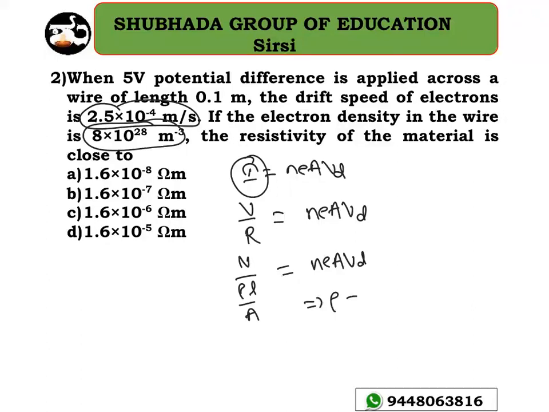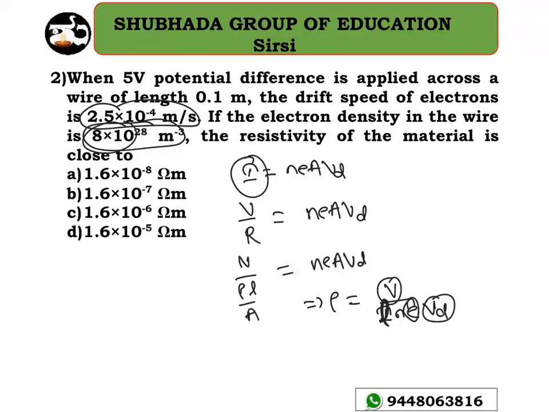It implies rho is equal to V divided by, how much is it, V divided by L n E vd, correct? So now V is known, and it is not current I, it is a length L. Length is given, the number density of electrons is given, E is the charge on the electron, and vd is also given.